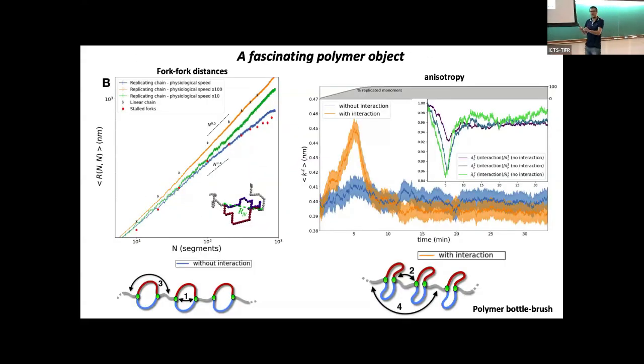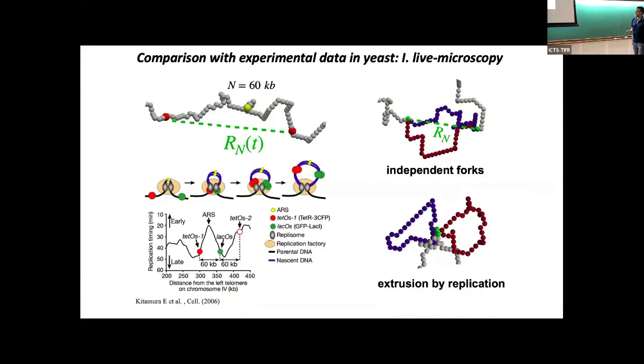We can compute different predictions about the different scenarios, and we wanted to compare with the available data sets that are on the market. The first data set is related to this Tanaka paper where they were suggesting that you have these sister fork interactions. The experimental system is very simple.